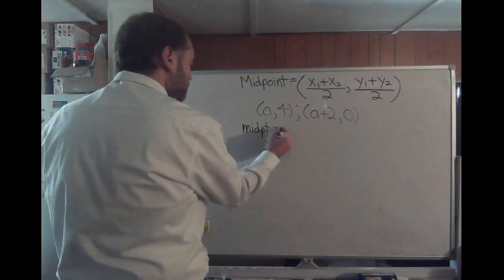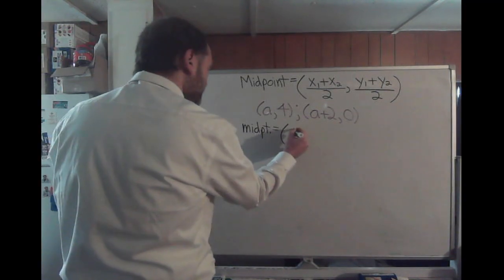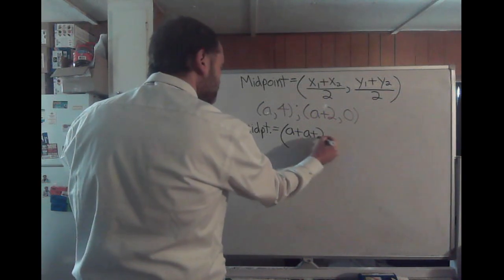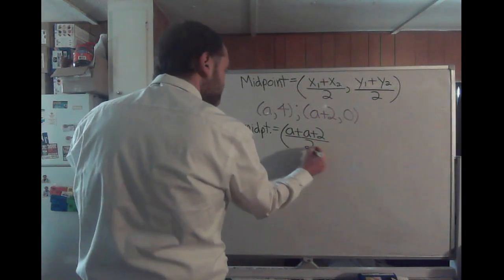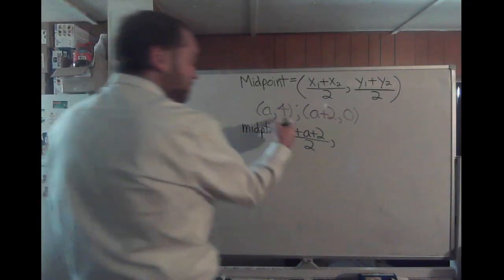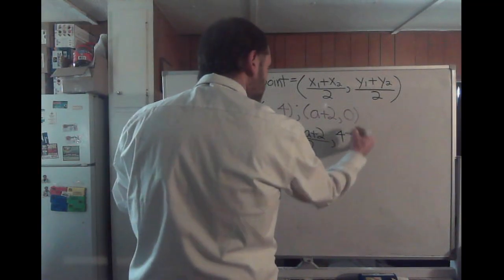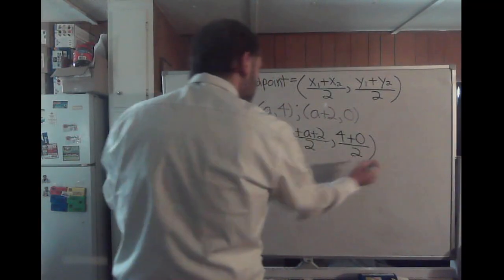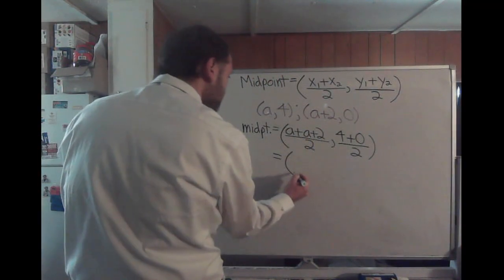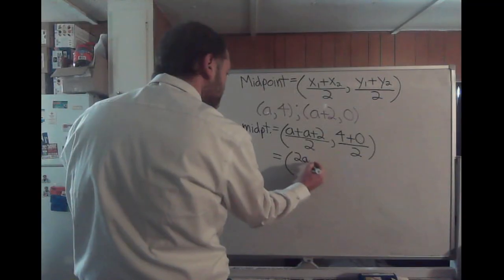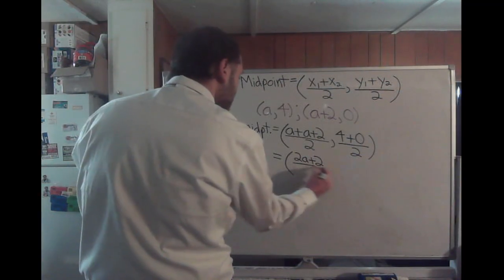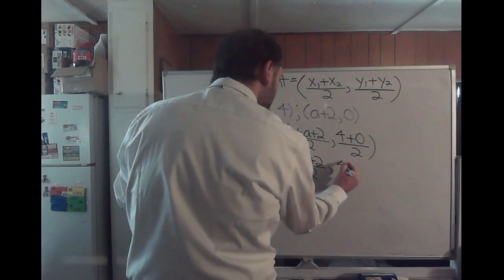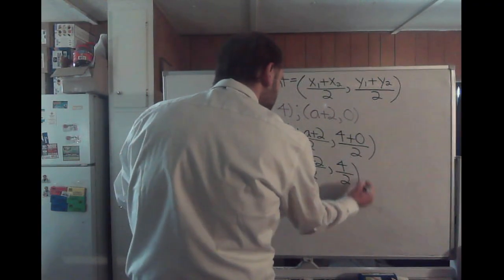you're going to, of course, take your first x-coordinate a plus your second x-coordinate of a plus 2, divide all that by 2, then you do the same with your y. Take your first y-coordinate plus your second y-coordinate, so you'd have 4 plus 0 divided by 2. This would end up giving you 2a plus 2 divided by 2 for your x-coordinate, and then 4 over 2 for your y-coordinate.